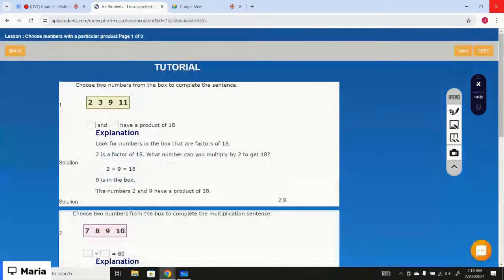Choose two numbers from the box to complete the sentence. Dash and dash have a product of 18. So which two numbers have a product of 18?